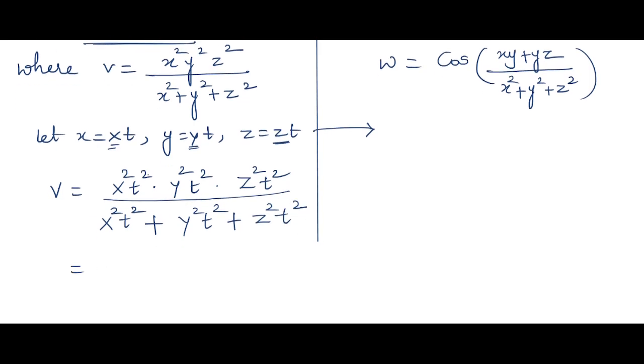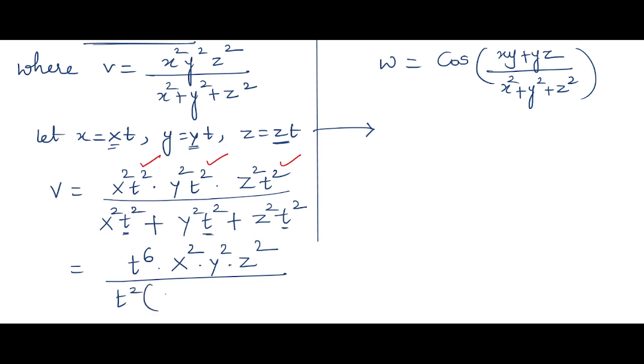Therefore, from the numerator we can take t square, t square and t square, that is t to the power 6, together. Then X square, Y square, Z square is as it is, whole divided by, in the denominator we can take t square as a common term. So it is left with X square plus Y square plus Z square.